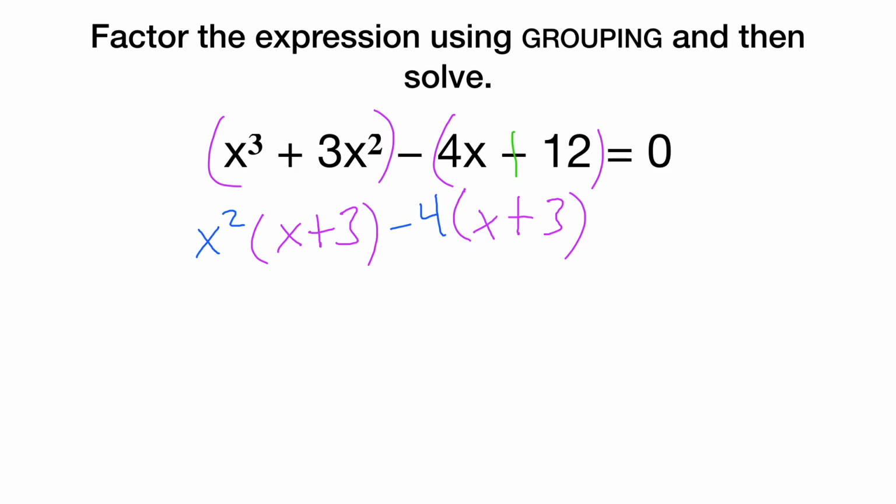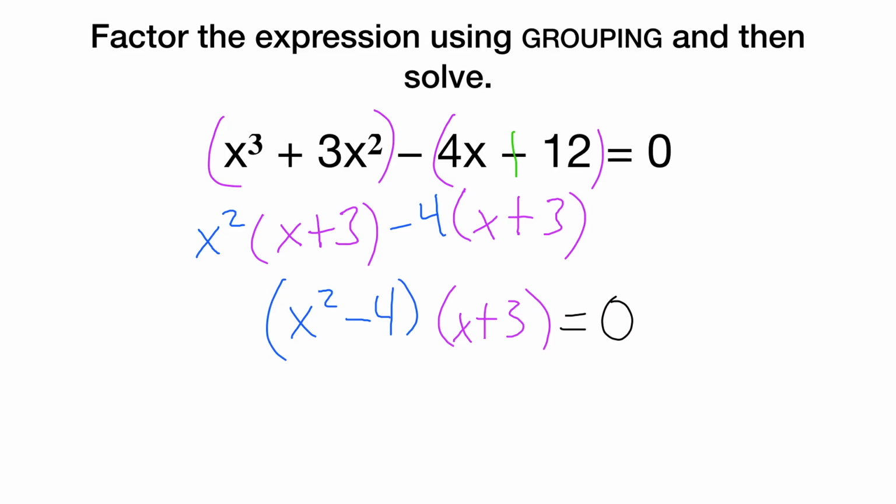That means our final grouped version of this factored out would be x squared minus 4 times x plus 3 is going to equal 0. So now that we've done that, our zeros are 3, and if you look, x squared minus 4 is difference of squares.